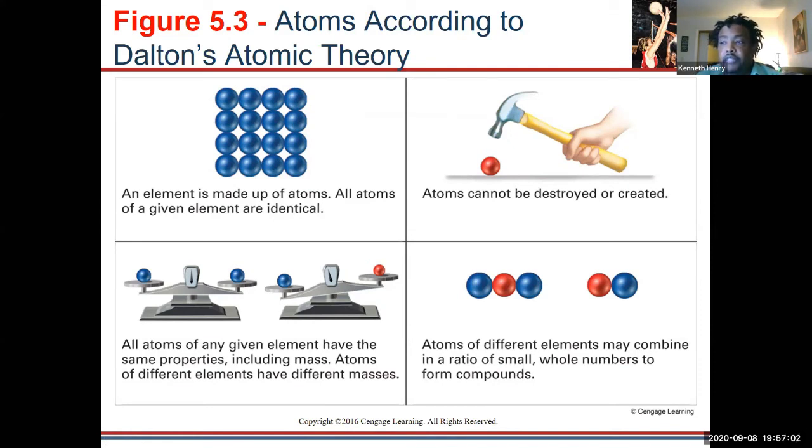Atoms of different elements have different masses. Atoms can't be destroyed or created. And atoms of different elements may combine in a ratio of small whole numbers to form compounds.